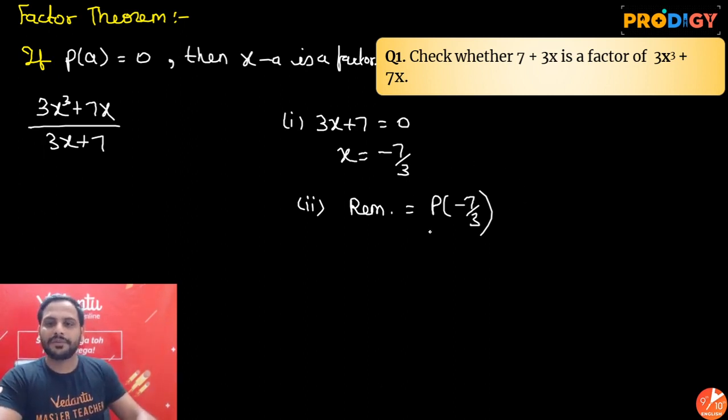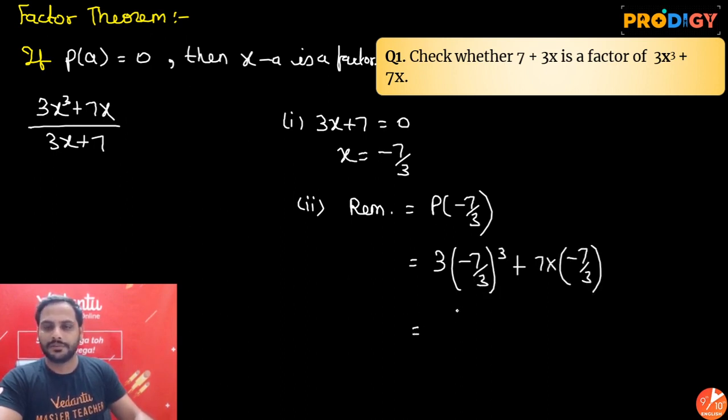So p of minus 7 by 3 will be 3 into minus 7 by 3 whole cube plus 7 into minus 7 by 3. So 3 into minus 7 by 3 whole cube: minus 7 whole cube, 7 cube will be 343 upon 9, so minus 343 upon 9, and here minus 7 into minus 7 is minus 49 by 3.